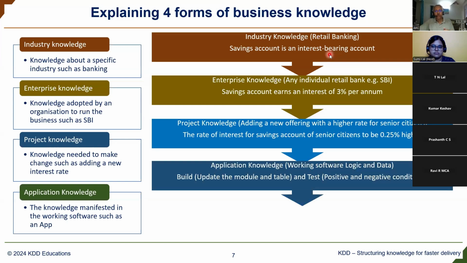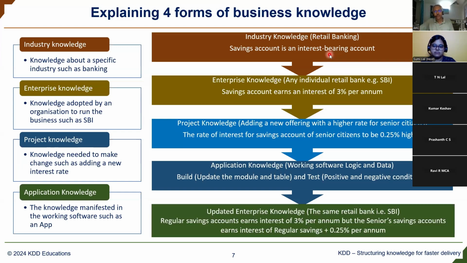And then we work on those changes. We modify the data structure, we modify some logic in those applications, we test it, we build it, we look through all positive and negative conditions. And once we are all satisfied, we push it back into the enterprise knowledge. So now the enterprise knowledge is enhanced. You will have a regular savings account, which is 3%, and if it is a senior citizen account, then 3% plus 0.25%, so 3.25%.